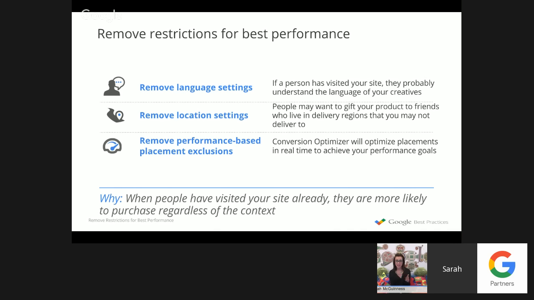Therefore, in terms of settings, when you're setting up your campaign or when you're optimizing, if you know someone's been to your website, perhaps they've placed a couple of items in the basket, then it shouldn't really matter what language they speak or what country they're in. The only exception here, I suppose, in terms of the country, is if there is delivery restrictions per country. Okay, because then, if you don't ship to a certain country, then ultimately it may not be best for you guys to target it.